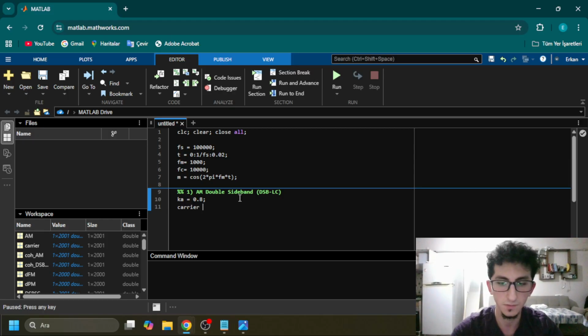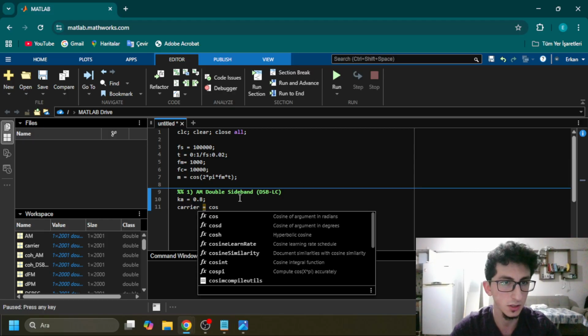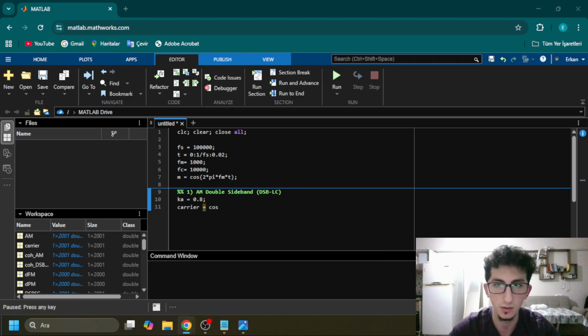Carrier equals to cosinus. As I said, it's gonna be cosinus with different parameters like p and ft. Is it right? Yes.